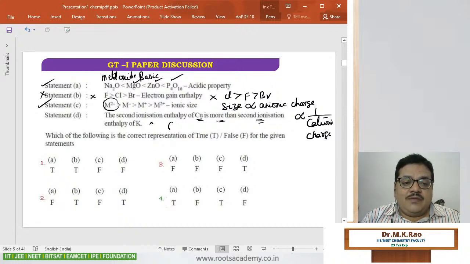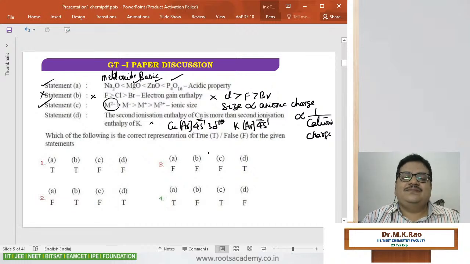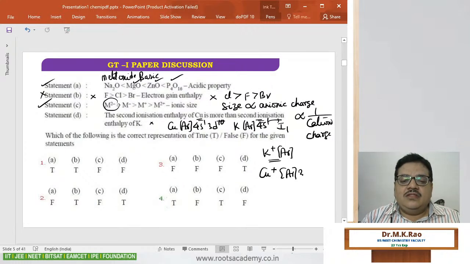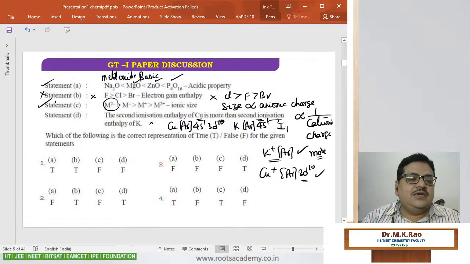No, because copper has argon 4s1 3d10, and potassium has argon 4s1. If you remove one electron, it is called I1. That becomes K plus, which has argon configuration, and Cu plus has argon 3d10. If you compare these, copper has more ionization enthalpy. So it is incorrect.